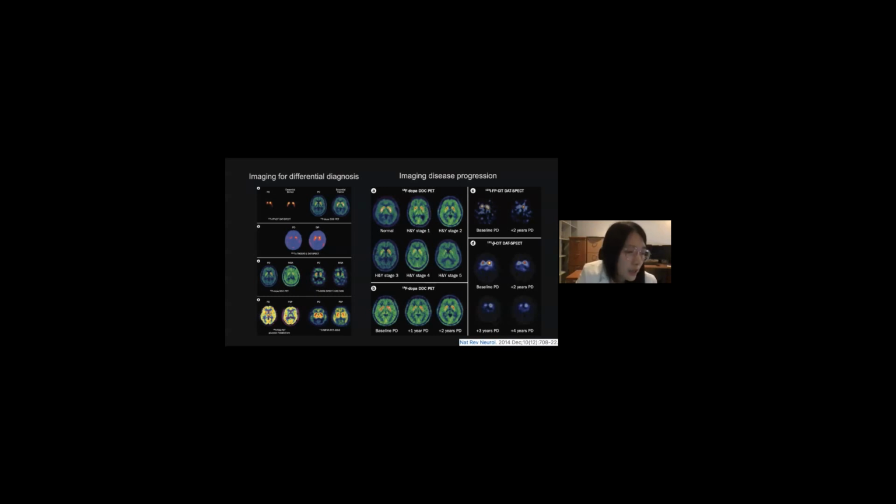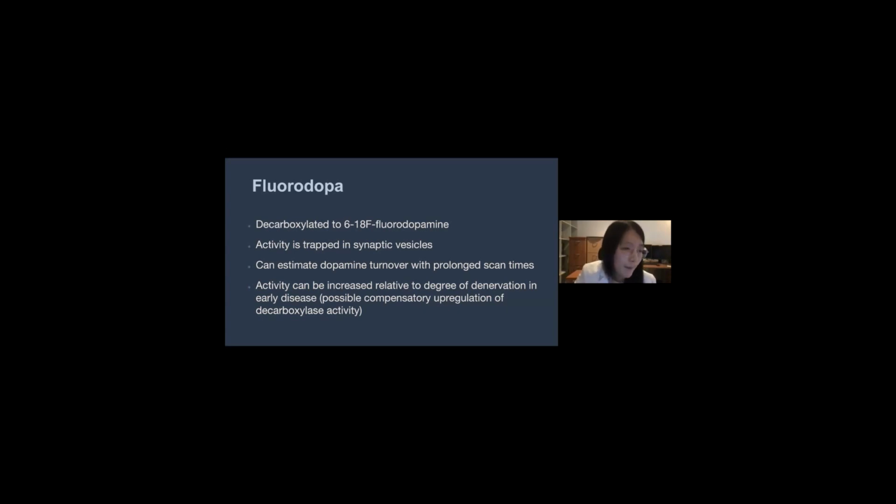Such dopaminergic imaging can be used for differential diagnosis between normal and idiopathic Parkinson's disease, as well as between PD and atypical parkinsonism, and for tracking disease progression. In the fluorodopa PET, radiolabeled fluorodopa is decarboxylated to fluorodopamine, and the activity is trapped in the synaptic vesicle.